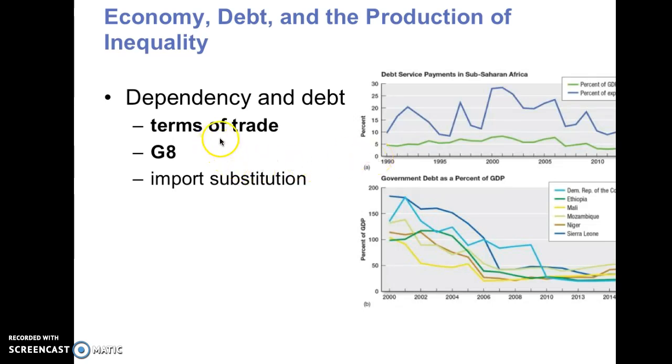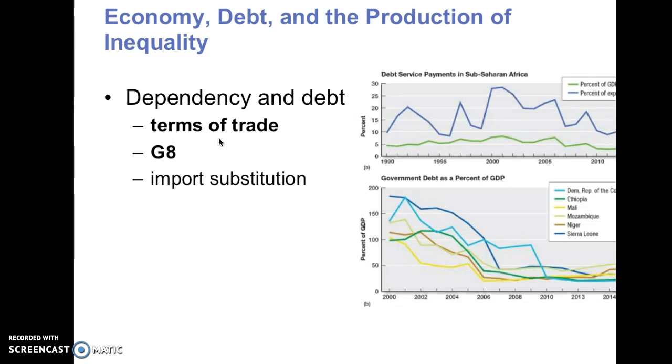So one measure of trade imbalance is the change in what it costs to, say, buy a refrigerator, say in 1990, and what it costs in 2000 in terms of what you're trading, whether that's bananas, oil, or minerals.